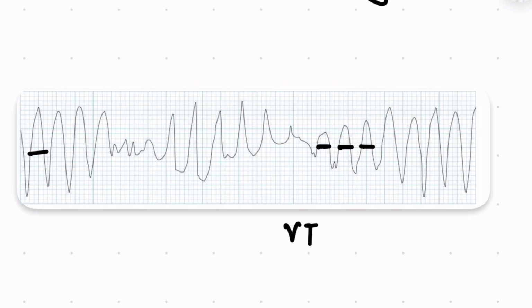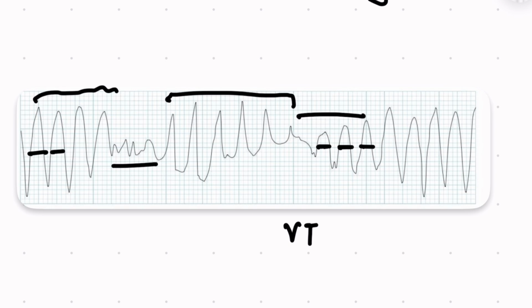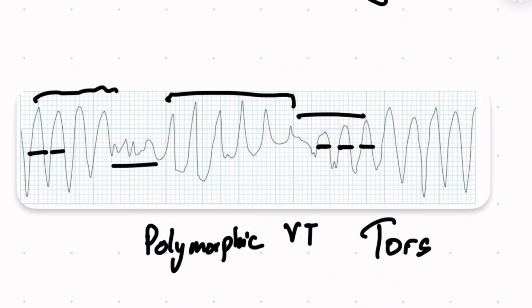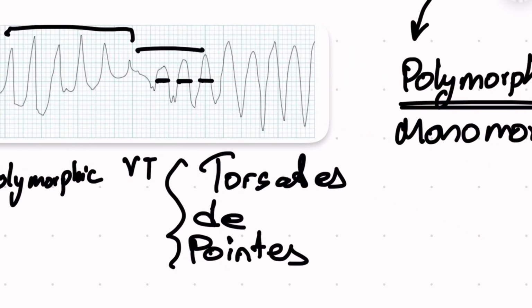As we can see, this is equal to this, but these 4 are not equal to this 4. And let us look at this segment. This segment is definitely not equal to this segment. So it's a clean-cut case of polymorphic VT. Polymorphic VT is referred to as torsades de pointes, and the management of torsades de pointes is magnesium sulfate.